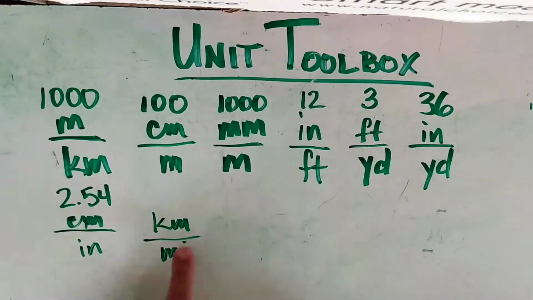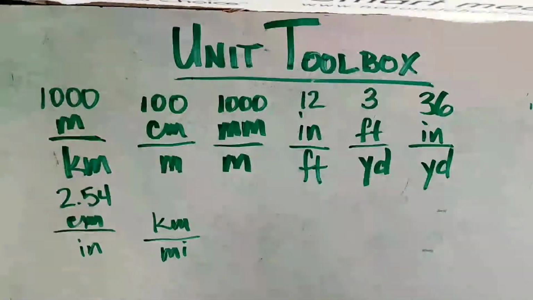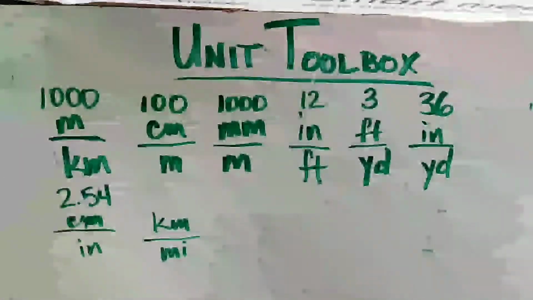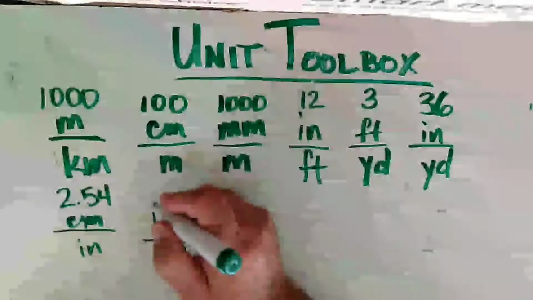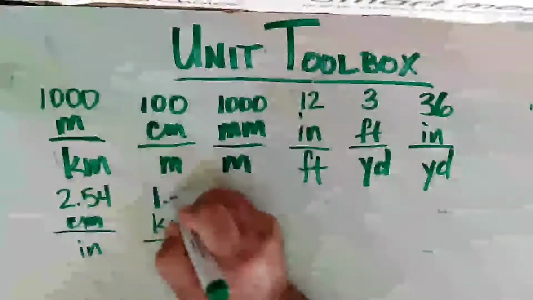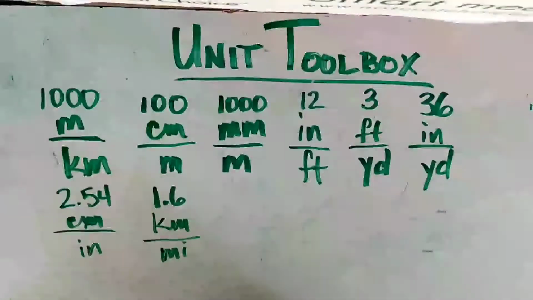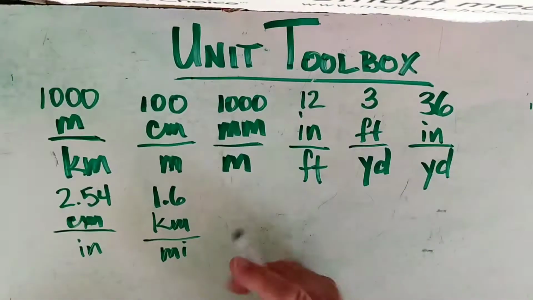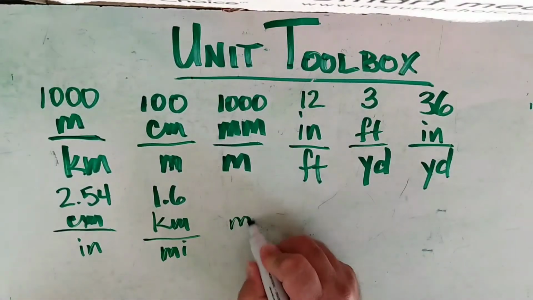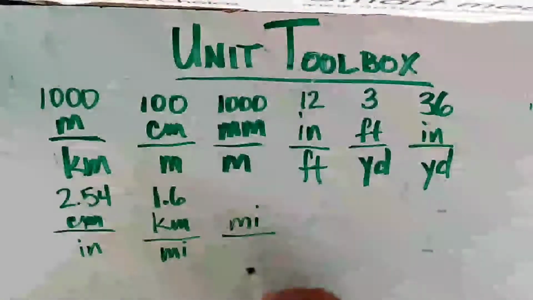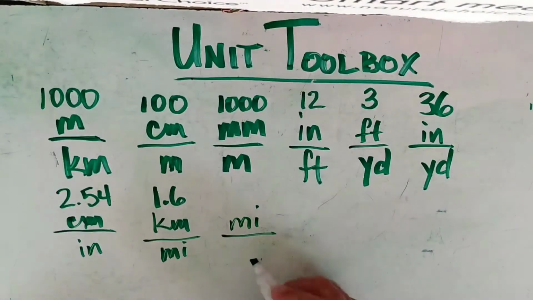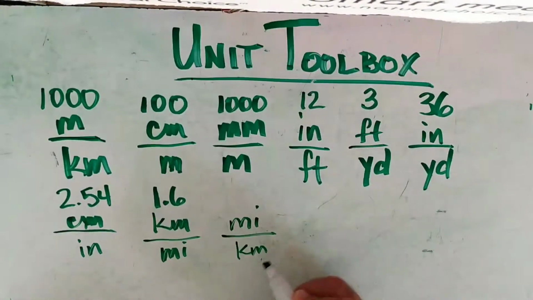So how many kilometers from the corner of the tennis courts to McDonald's, how many of those can we fit from the corner all the way down to Standard Street? Well, we can get 1.6 kilometers in a mile. Now, what if we flip this? How many miles then are there, say, in a kilometer?